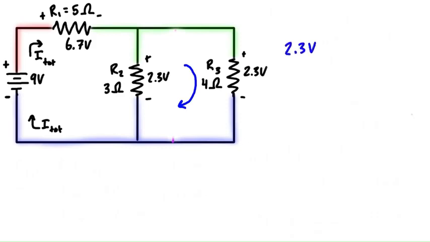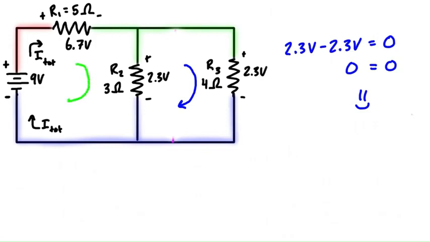And then we subtract 2.3 volts for resistor 2, so we have minus 2.3, and that should be equal to 0. And definitely 2.3 minus 2.3, we have 0 equals 0, and this loop on the right is satisfied by KVL, Kirchhoff's voltage law.